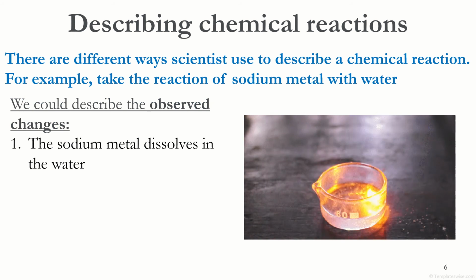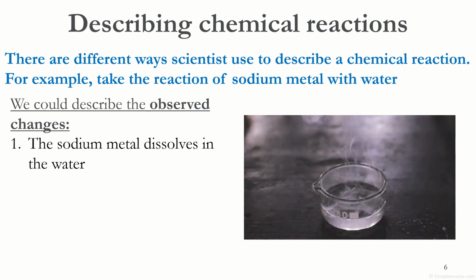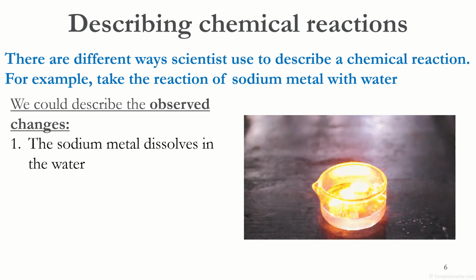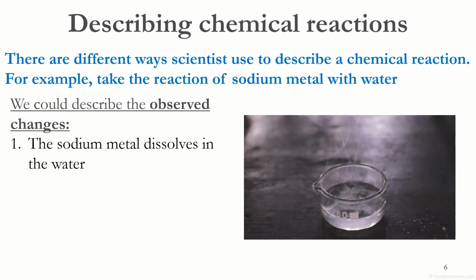One, the sodium metal has dissolved into the water, so we can see that there is a change occurring. Now, just because something dissolves doesn't necessarily mean it's a chemical reaction. You need to look for other signs as well.